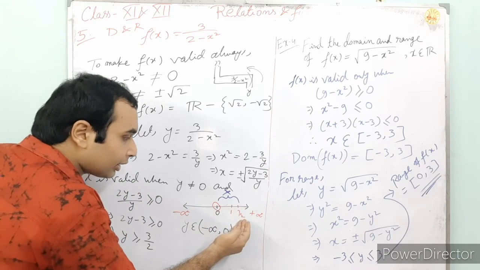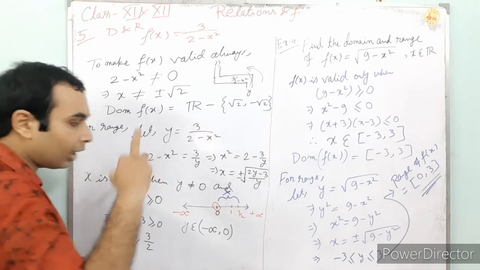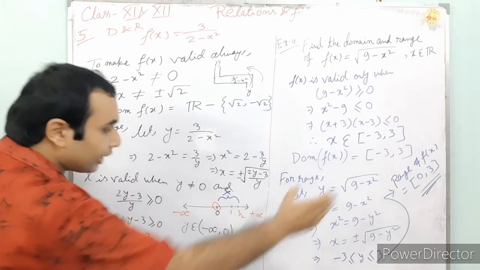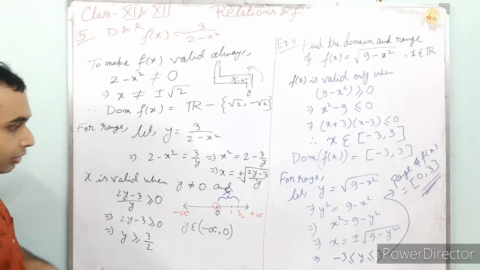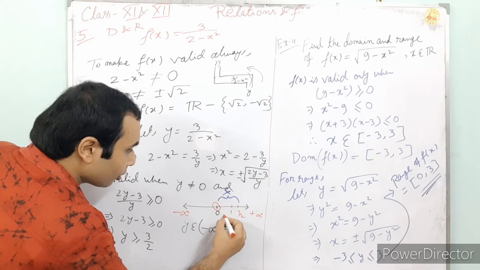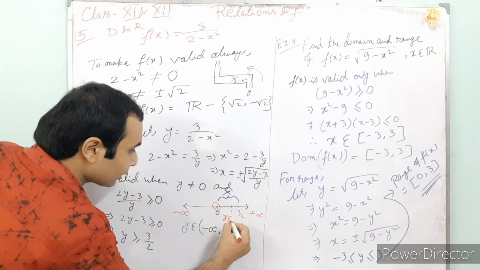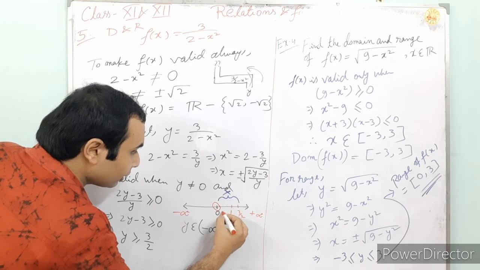So y will take the value of 3 by 2 and also the greater values, but not in this interval. Y doesn't belong to this interval.